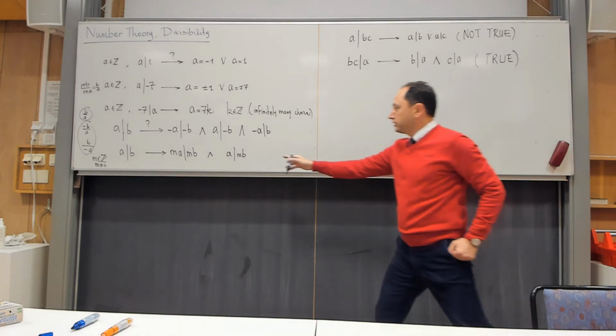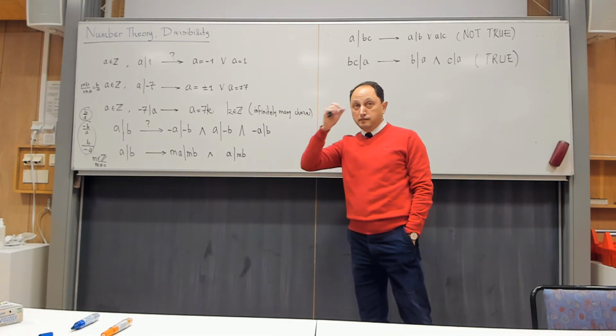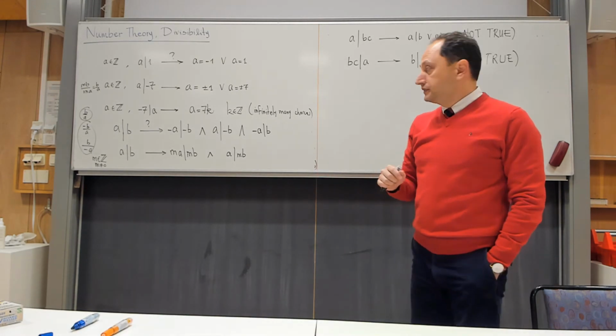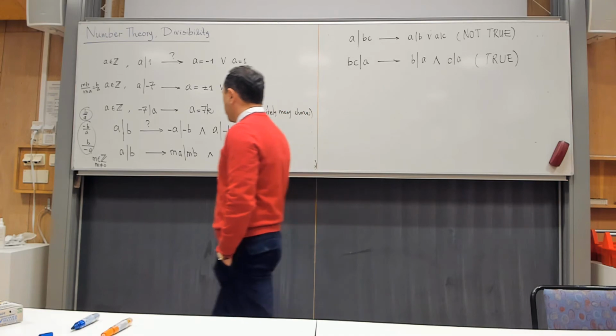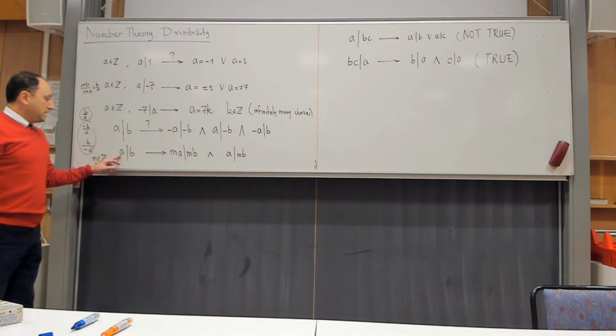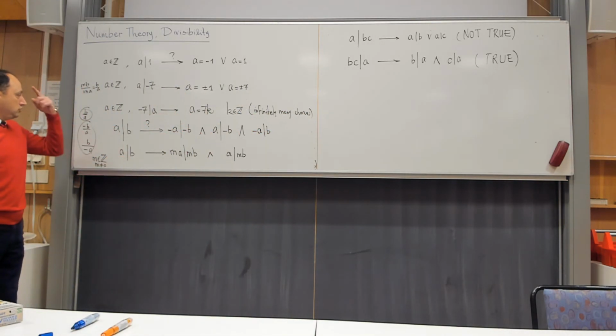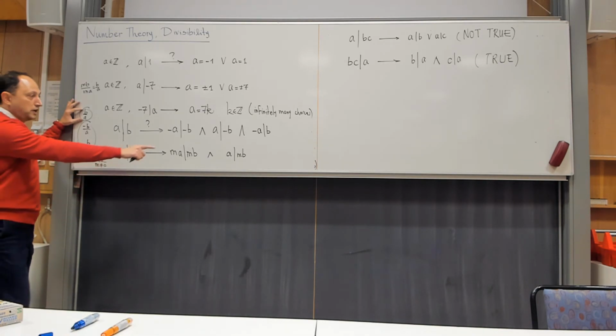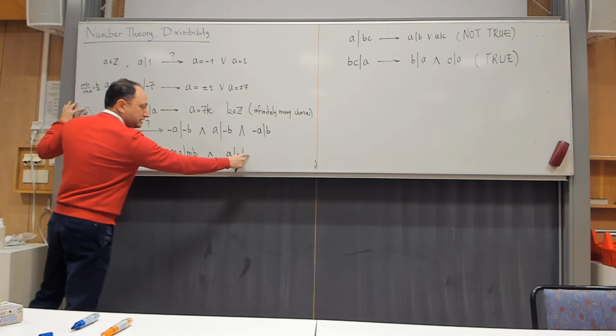Do you think this is true or false? Let me again tell you how I am thinking. When you say A divides B, in your head it means this is an integer. Yes or no? But how can I guarantee this?